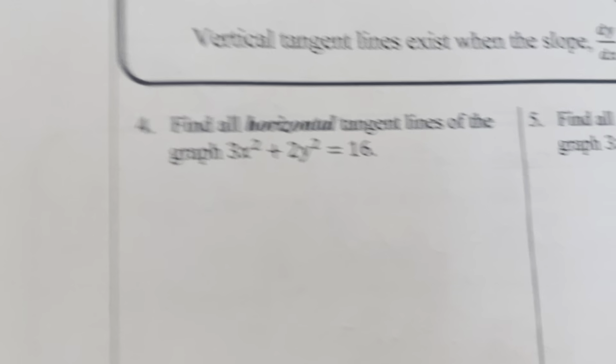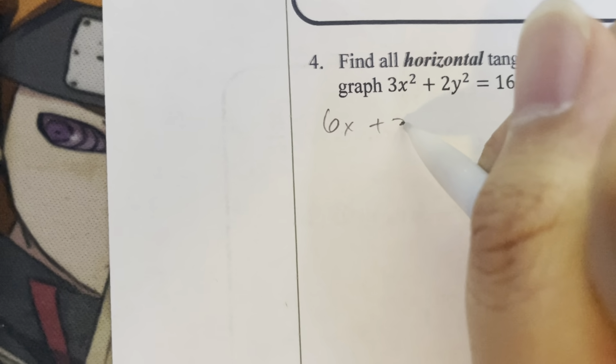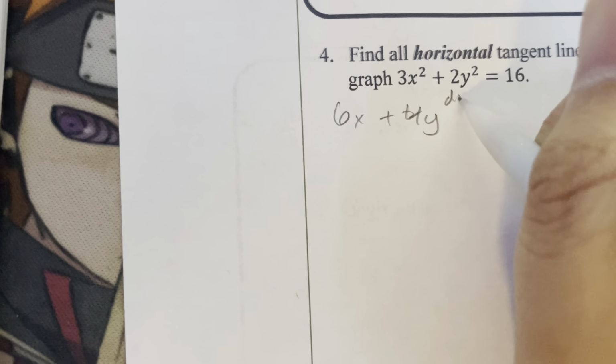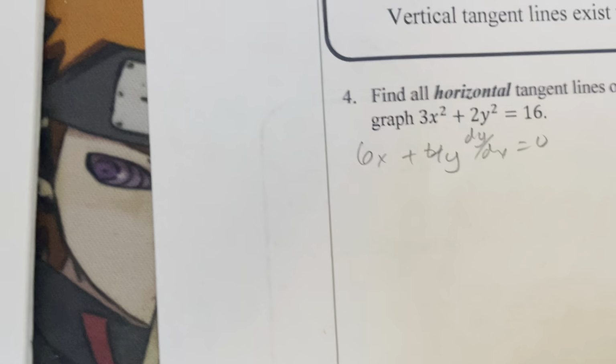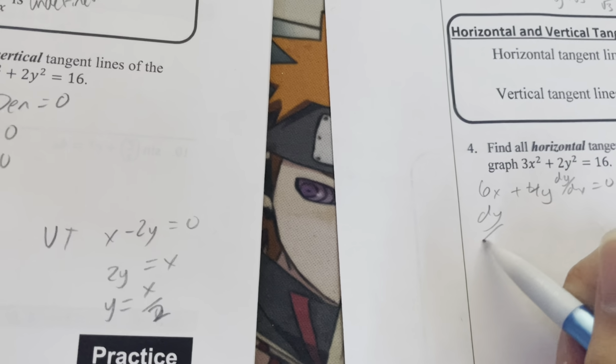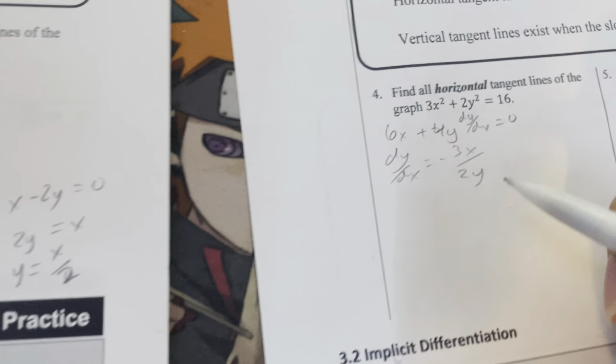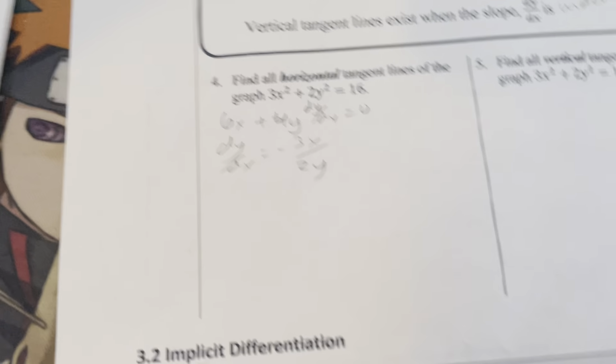First we have to find the derivative. This will be 6x plus 4y dy dx equals 0. Solve: dy dx equals negative 3x over 2y.